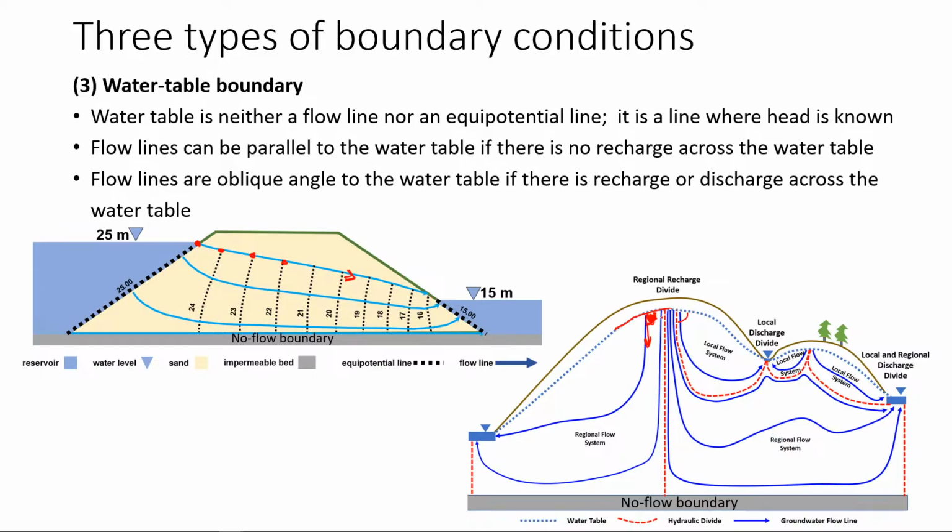In that case it's perpendicular, but here it's oblique, at an angle. In that other case, the flow line coincides with the water table because recharge is equal to 0. Here, recharge is greater than 0.